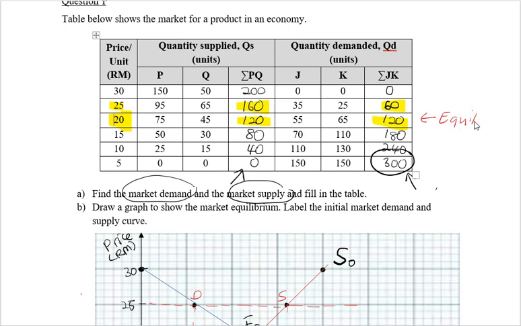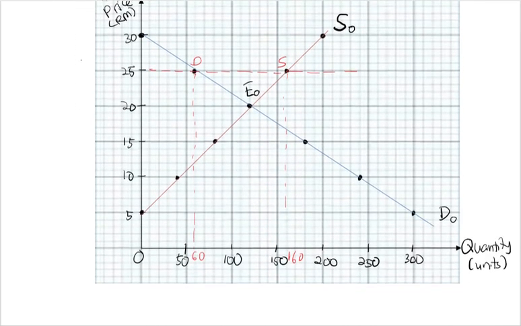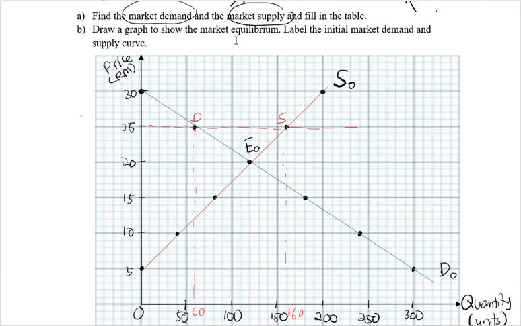So what happens here? Quantity supplied is more than quantity demanded. So you are going to get surplus. Quantity supply is more than quantity demanded, so you get surplus.